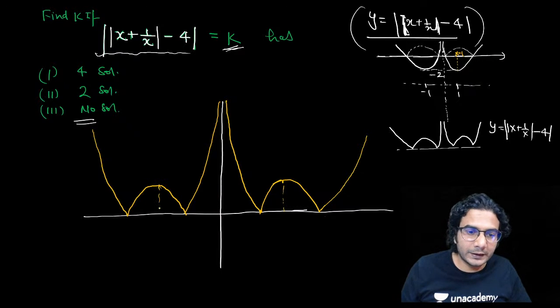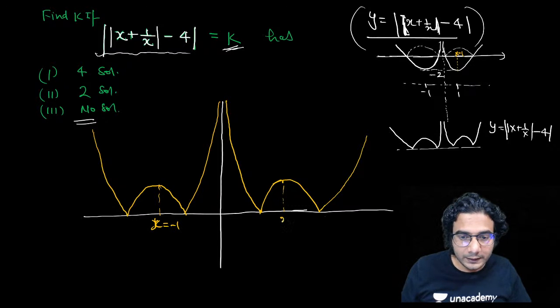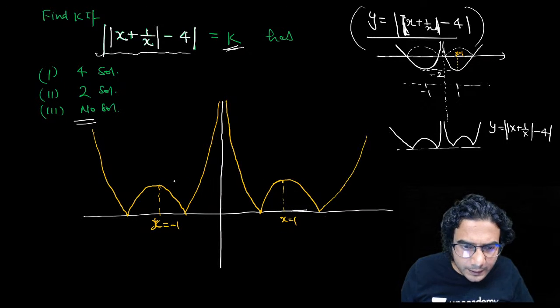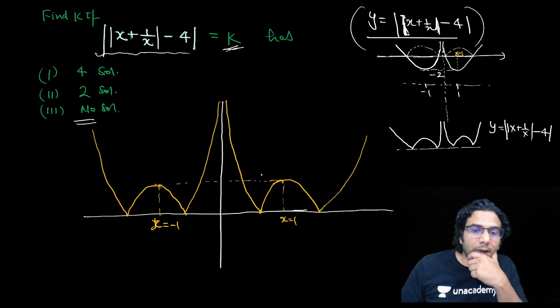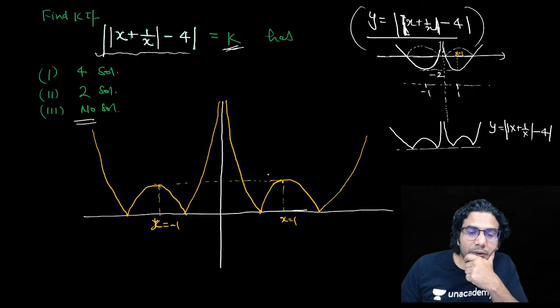So this value is x is equal to minus 1, and this is x is equal to plus 1. And we need to find the values of these peaks also, okay? Because that will limit. So at this peak, put x is equal to 1 in this. If you put this, it's going to be 2, right? Yeah, it's going to be 2.